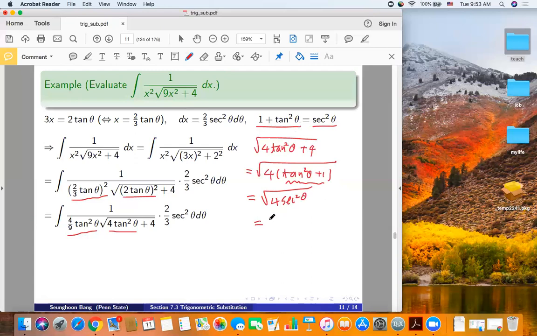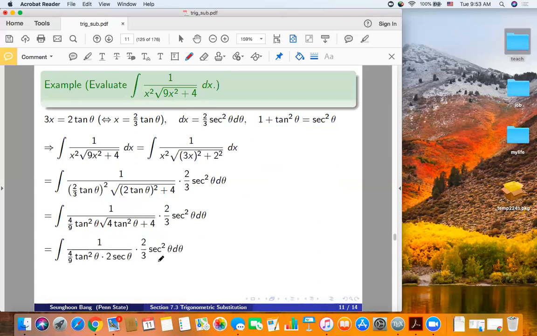The square root is gone: 2 times secant theta. This whole part is the same as 2 secant theta. The next step is simplify.